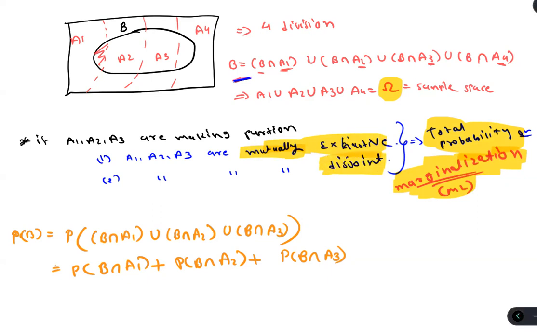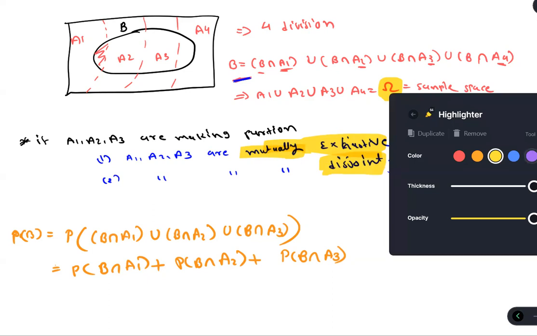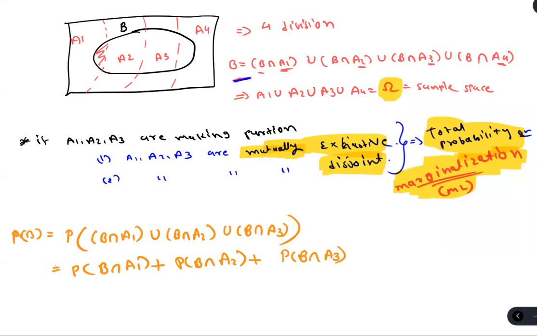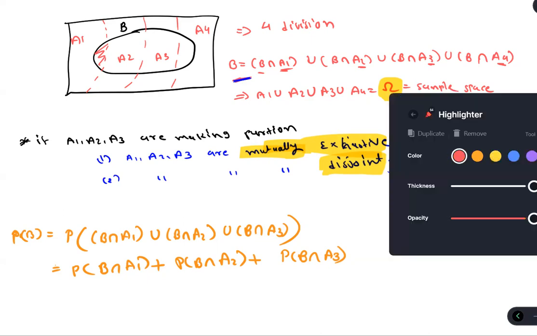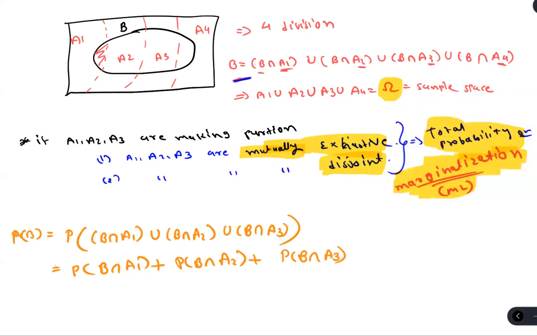Because they are mutually disjoint, we find the probability only a single time. We don't need to go for it twice. So we can write from here to here. I think this is clear to you.